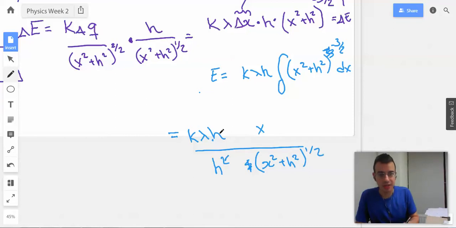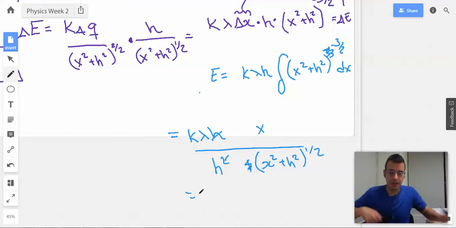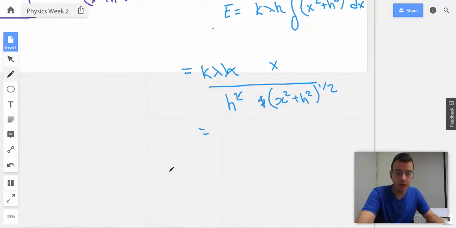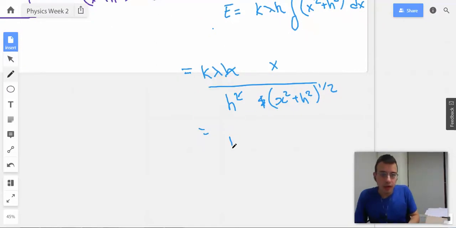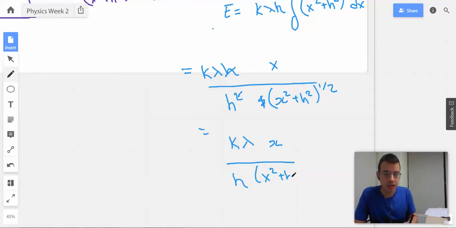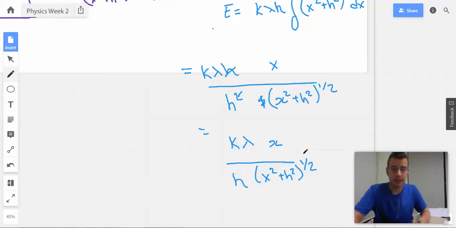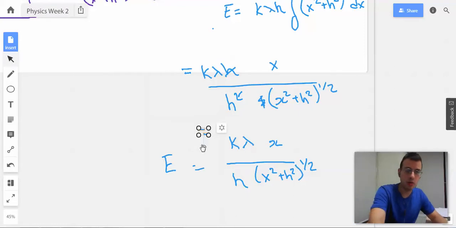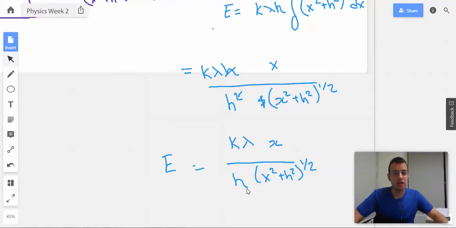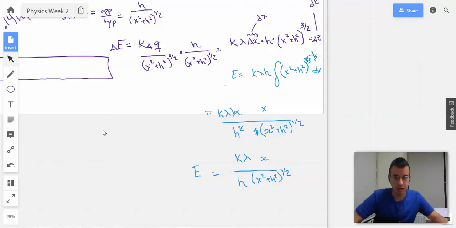So I guess one of these guys will cancel out, and we will be left with K lambda x over h times x squared plus h squared to the 1/2. And this will be the electric field at any given radius or any given height above it.